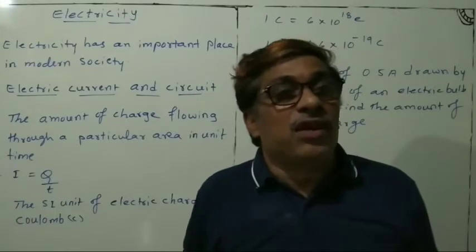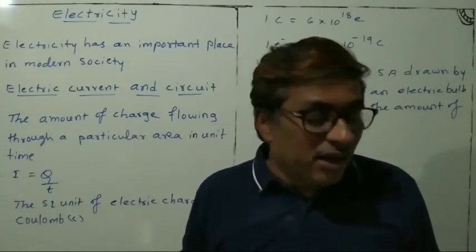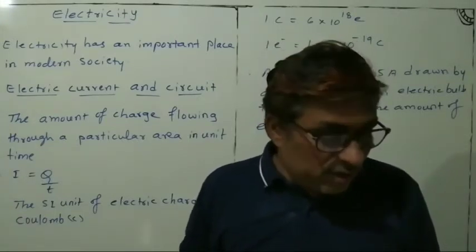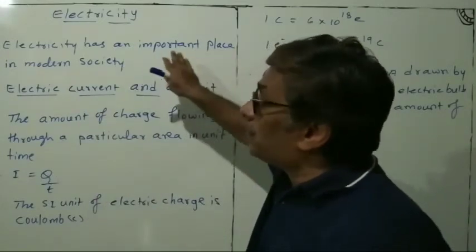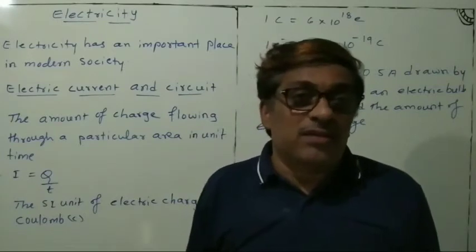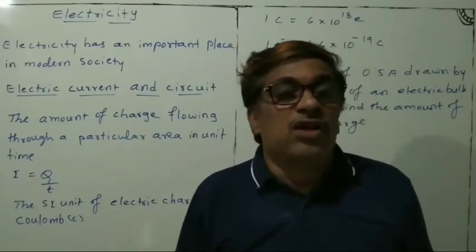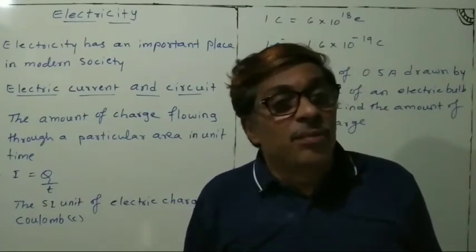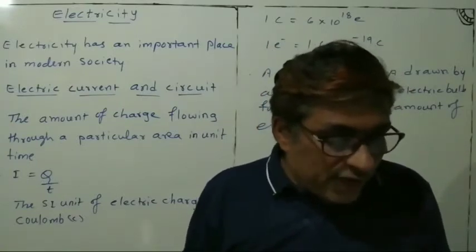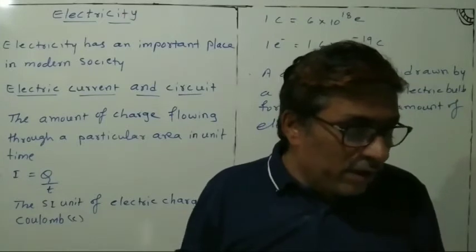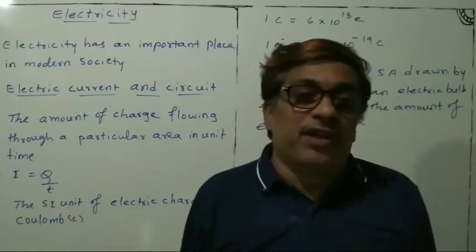Without electricity, our life will be inconvenient. Electricity has an important place in modern society. All the luxurious items will be run by electricity. It is a controllable and convenient form of energy.